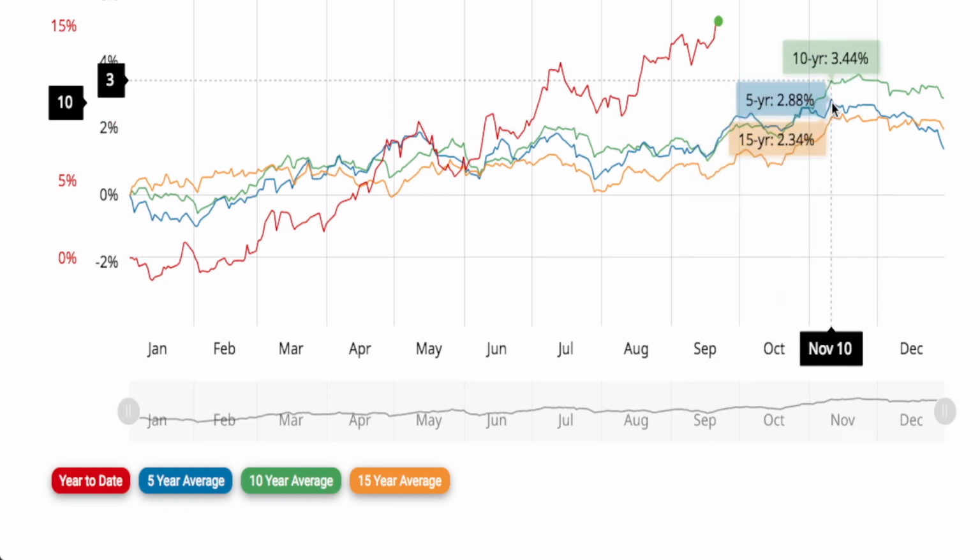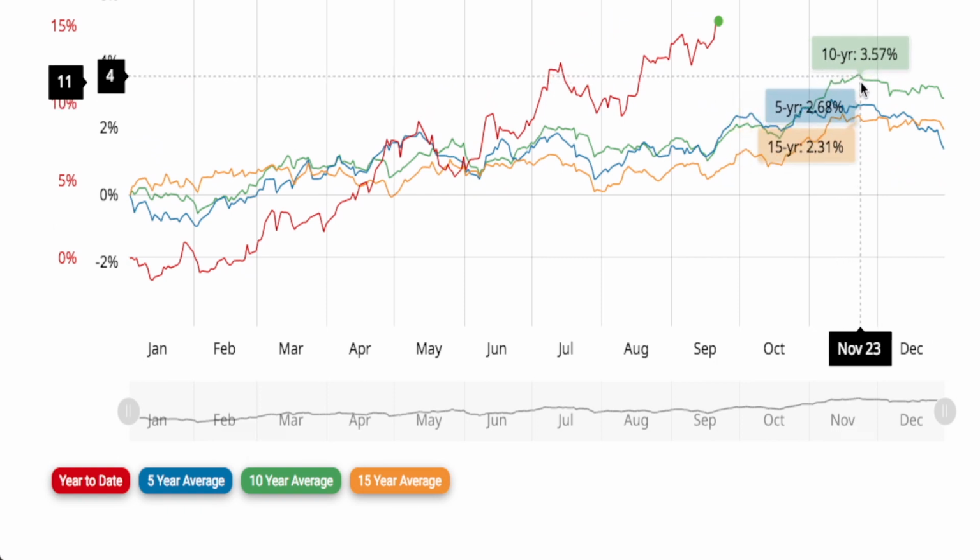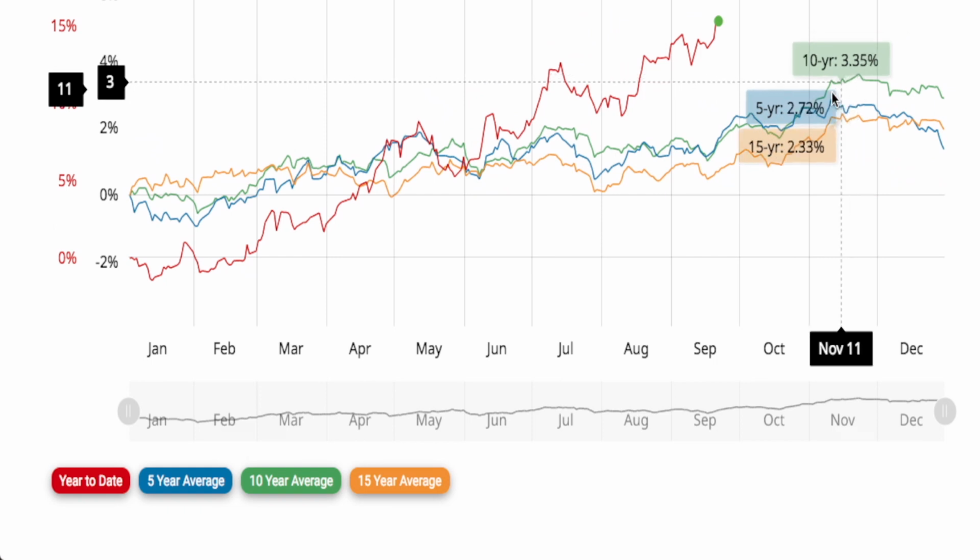And you see that from November 10th, the 5- and the 10-year averages kind of peak out here. The 5-year peaks out at November 10th, but the 10-year peaks out somewhere around November 23rd. You guys know that on the weekly cycle, we're hitting a peak between the last week of October and I believe the first week of November.